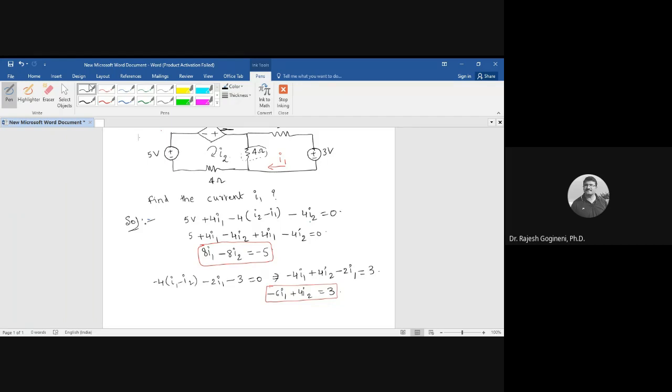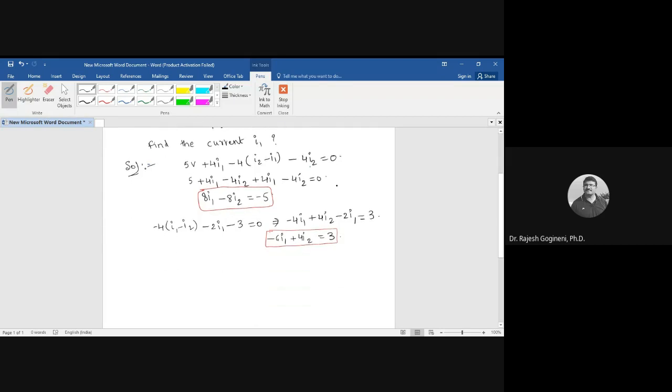Now simplify this and find the value of I1. Two equations, two unknowns.